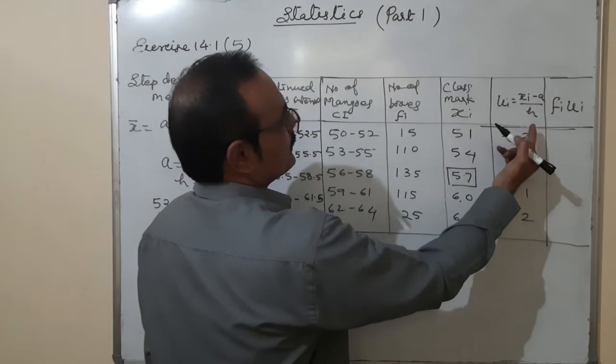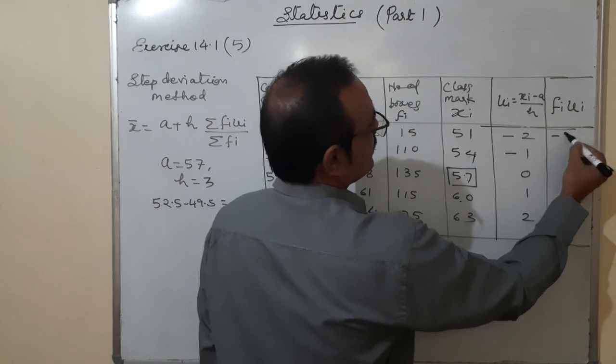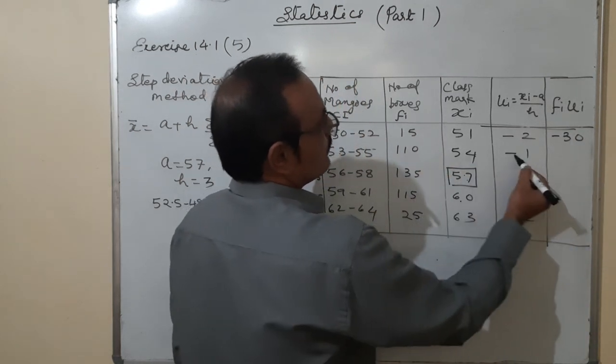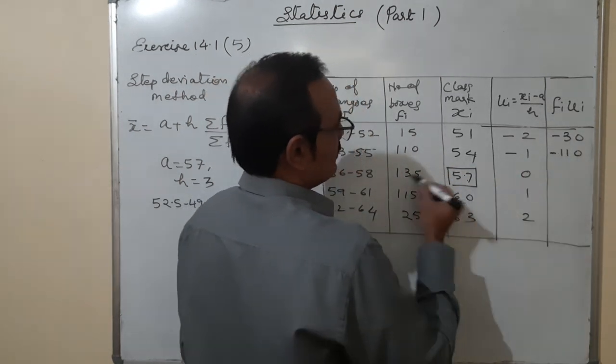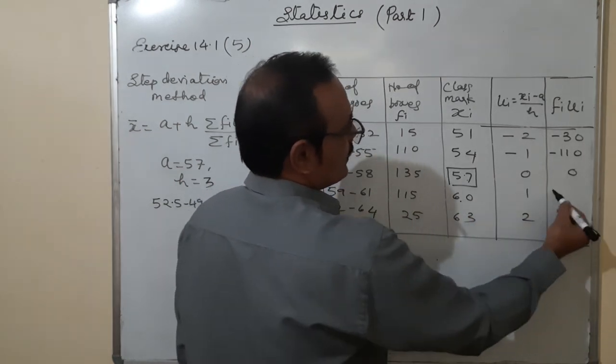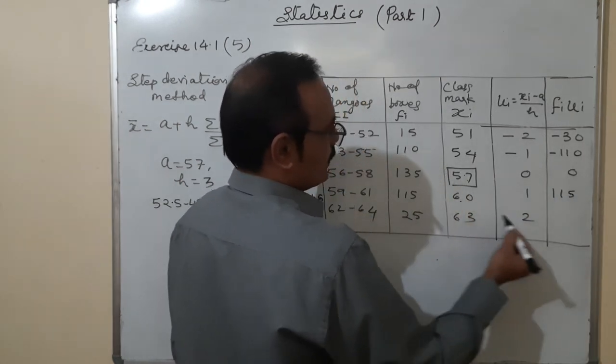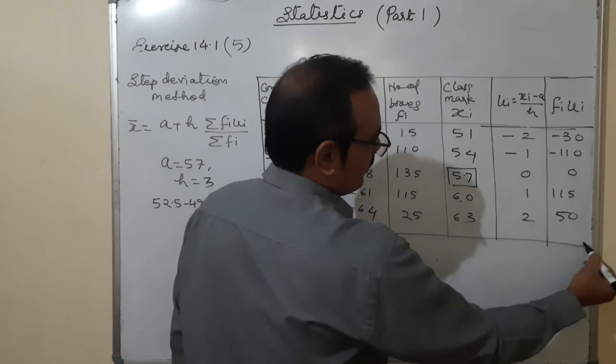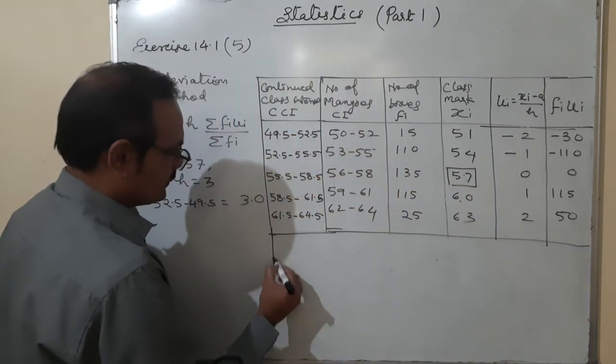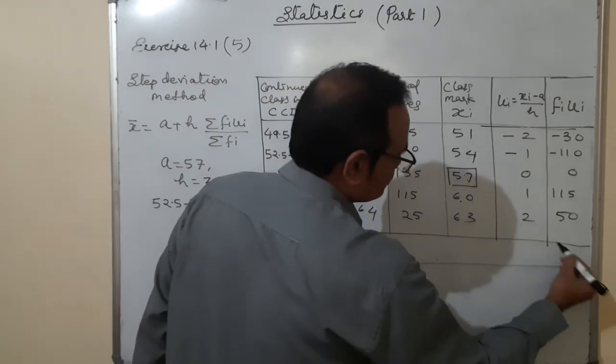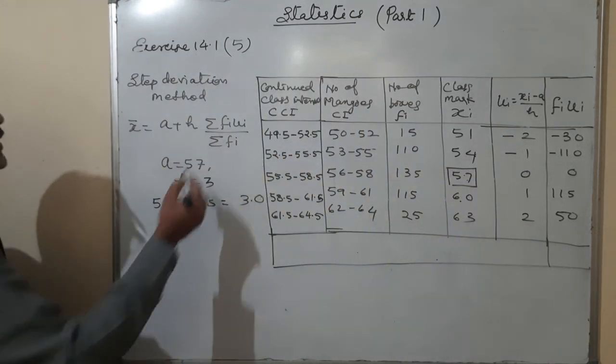Fi ui: 15 times minus 2 is minus 30, 110 times minus 1 is minus 110, then 0, then 115, and 25 times 2 is 50. How many columns are required to add? This Fi ui column is required.